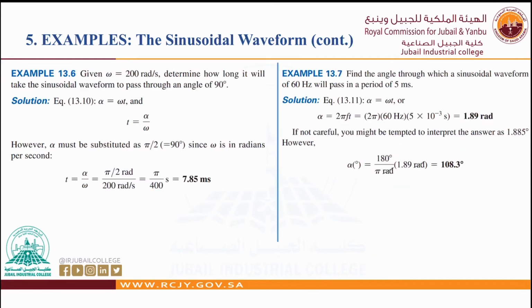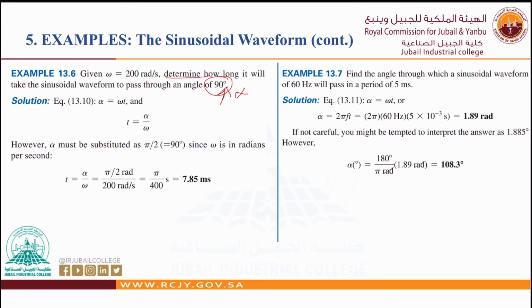Now, example 13.6: given omega of 200 radians per second, determine how long it will take the sinusoidal wave to pass through an angle of 90 degrees. Since this is the angle alpha, remember this is 90 in degrees, but I need it in radians.